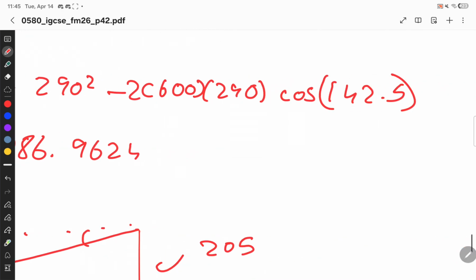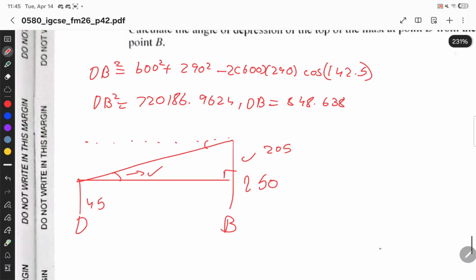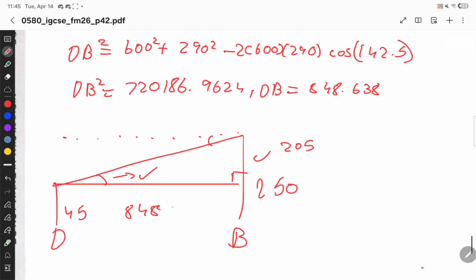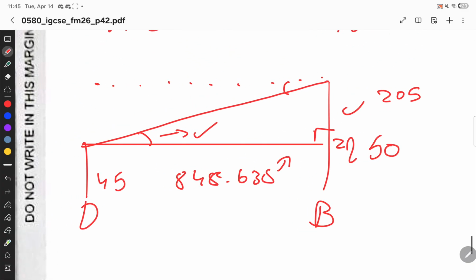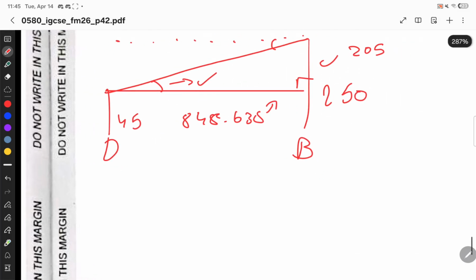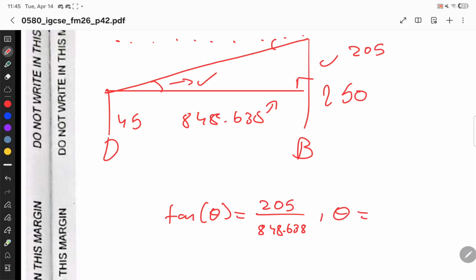So DB is equal to 848.638, and we can use 848.638 as this length, this z thingy, and we can then find this angle. This angle is found by tangent of theta equals opposite over adjacent, TOA.